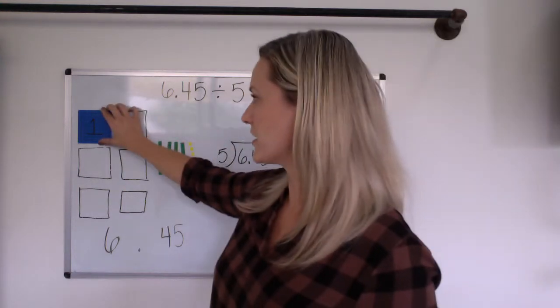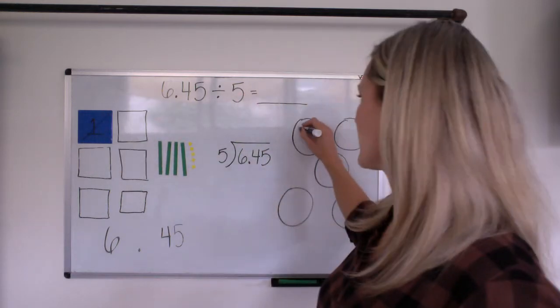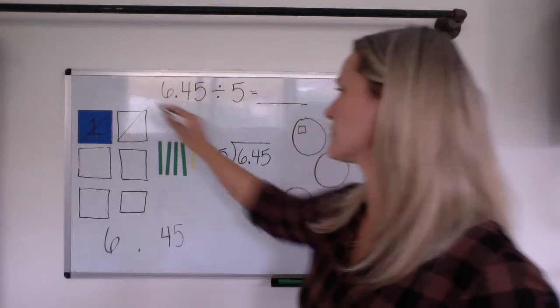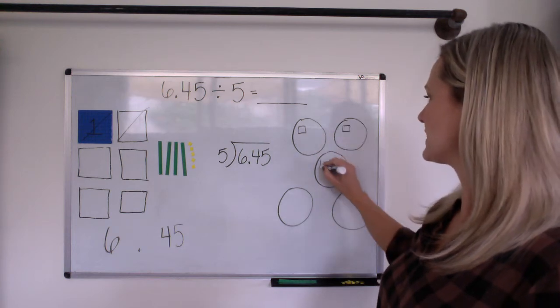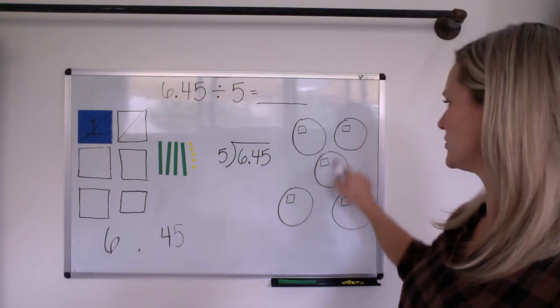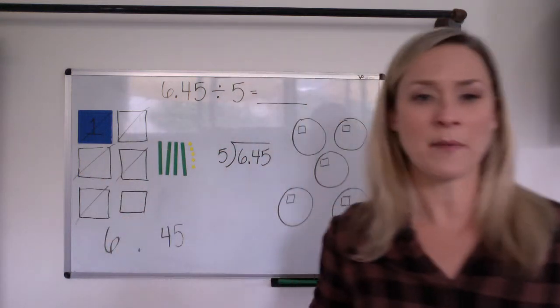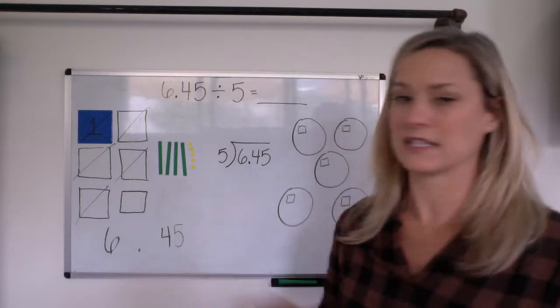Okay, so I could put 1 here, and I could use this one, and it goes there. Obviously, each group is going to get 1. 1, 2, 3, 4, 5 are used up, and 1 of those is left.